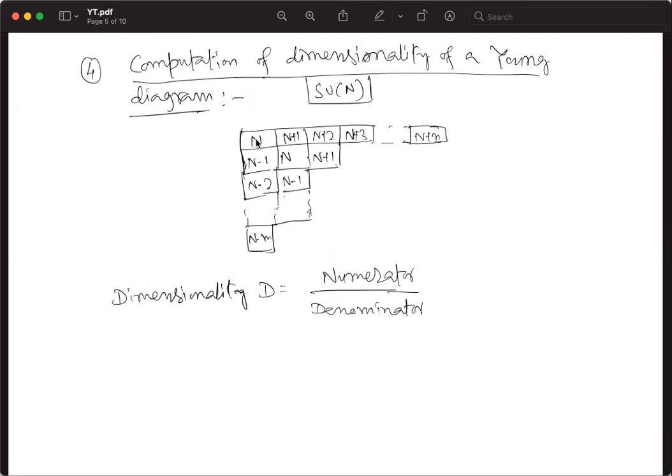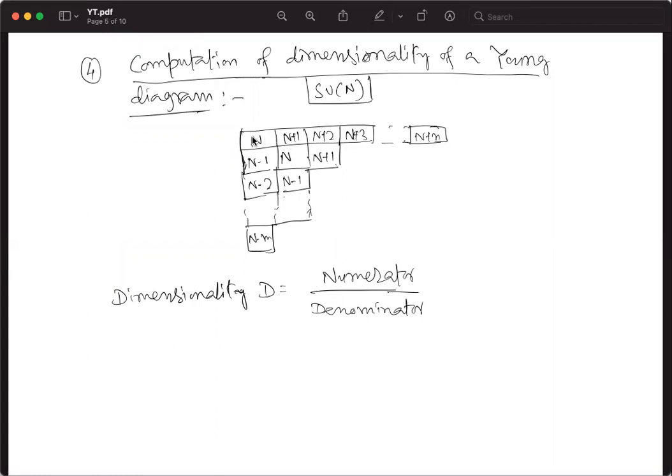Once we put n here, we put some numbers in these boxes, and there are some rules we need to follow while numbering these boxes. If we start from n and go right through a single row, we increase by 1: this is n plus 1, this is n plus 2, n plus 3, and so on.